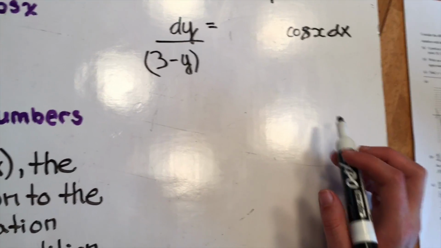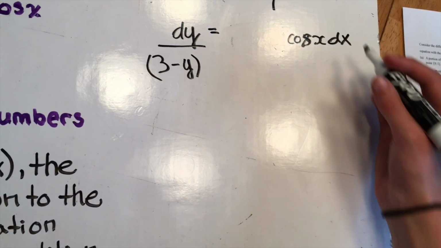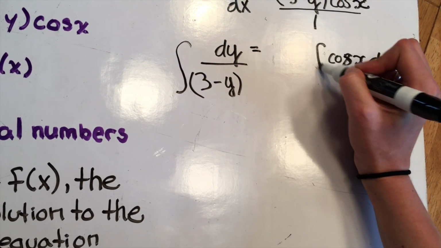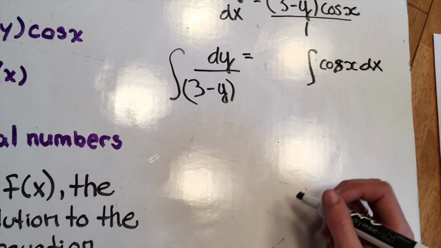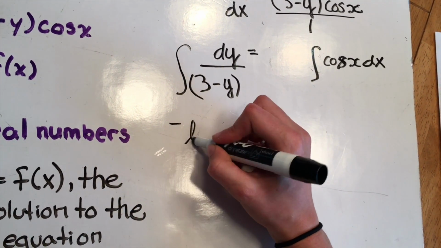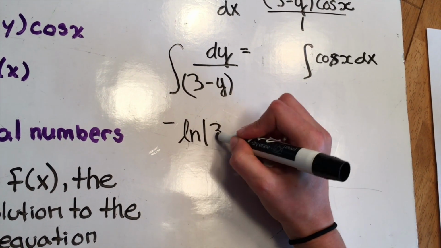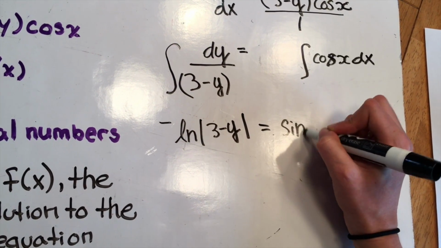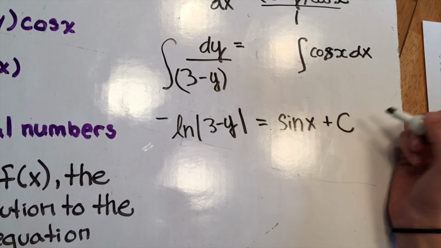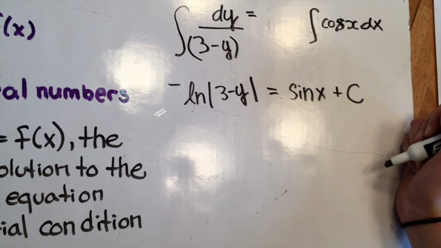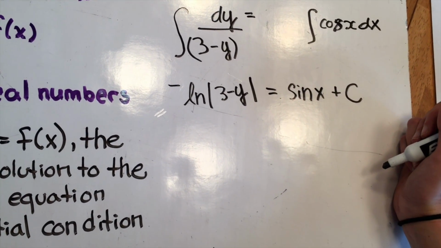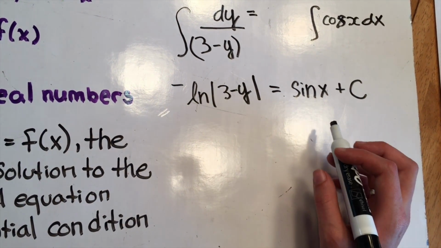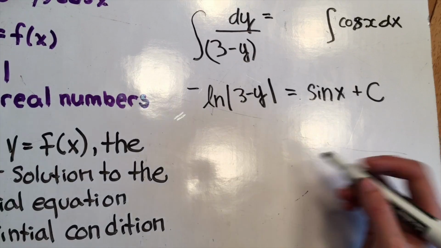Now you have this equation, so you want to integrate both sides. When you integrate both sides, you get negative ln of (3 minus y) equals the sine of x plus c. Now you are given the point (0, 1), so you plug that into x and y in order to solve for c.